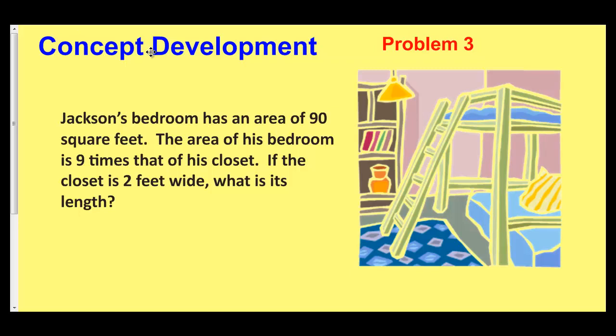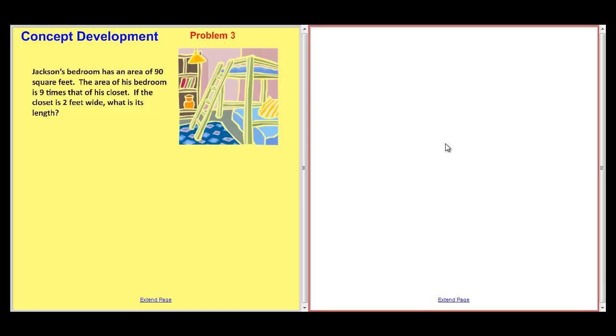So first of all, I'm looking to see what is it that I definitely know. I know that the area of his bedroom is 90 square feet. So if I draw his bedroom, and I'm just assuming it's a rectangle, it might be a square, but I'm going to draw a rectangle, okay? So here's his bedroom.